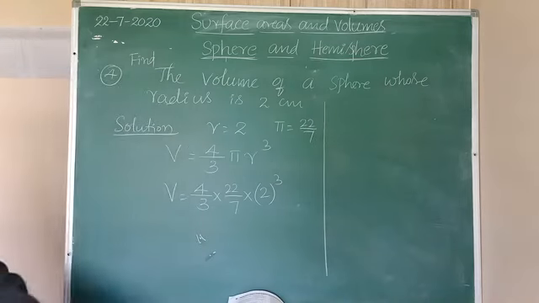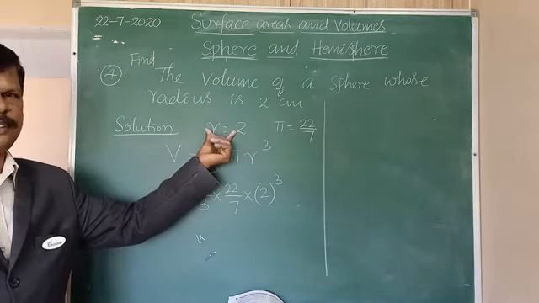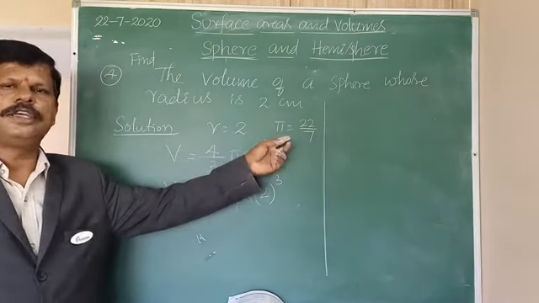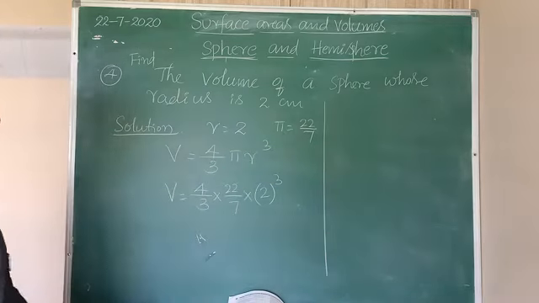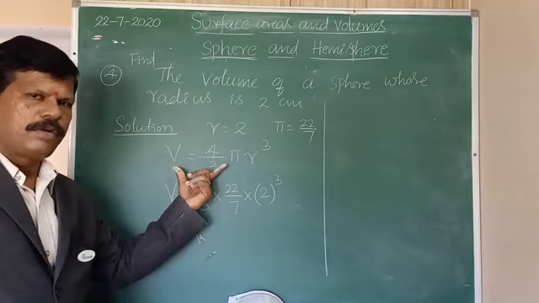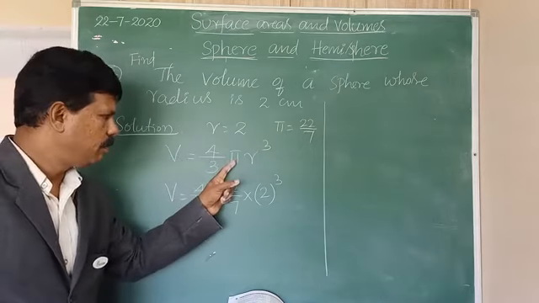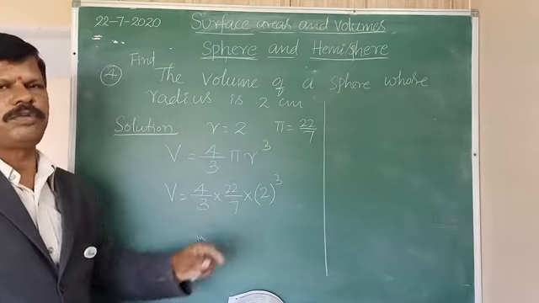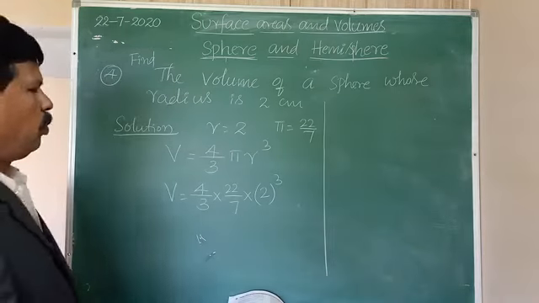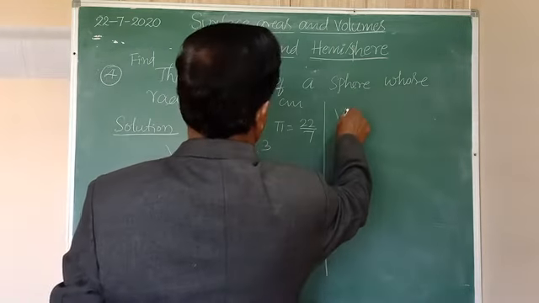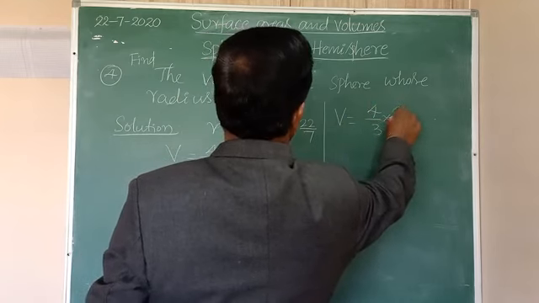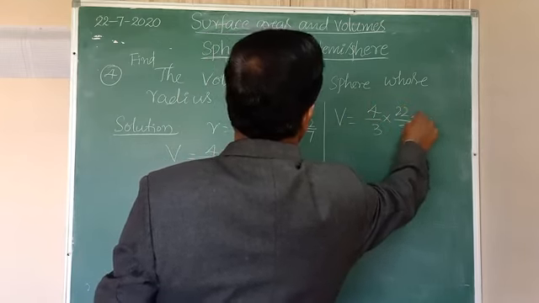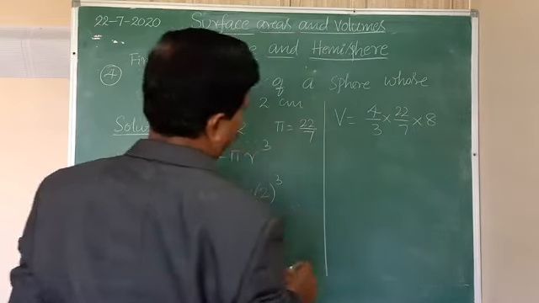See what they have given? Only the radius is given and pi is a constant. So you should write it as 22 by 7. Write the formula. Substitute the value of pi and r. 22 by 7 into 2 cube. Then V is equal to 4 by 3 into 22 by 7 into 8.